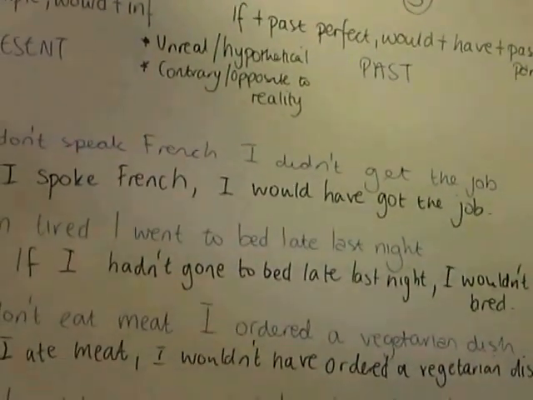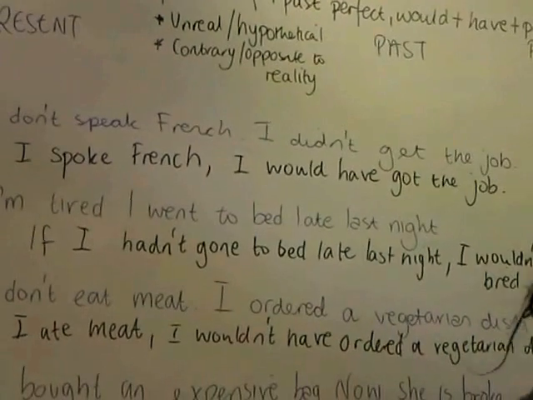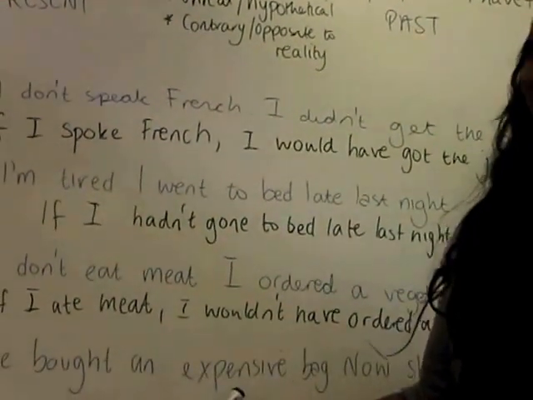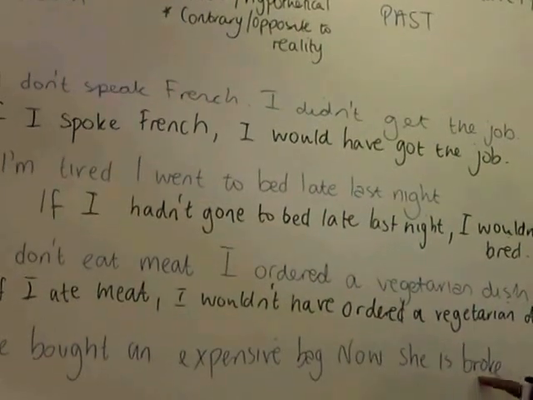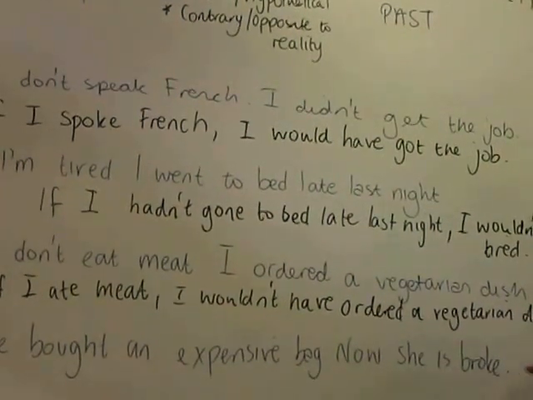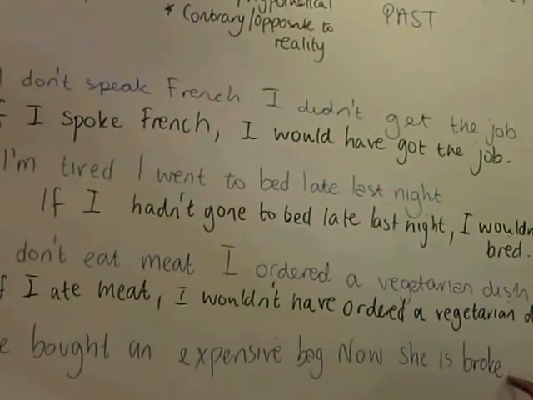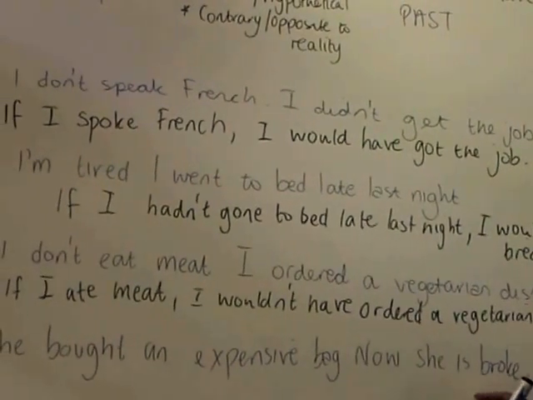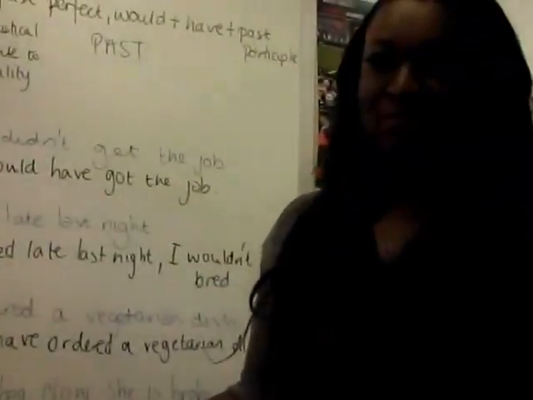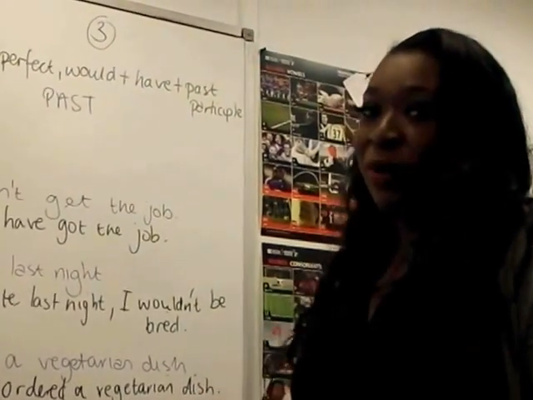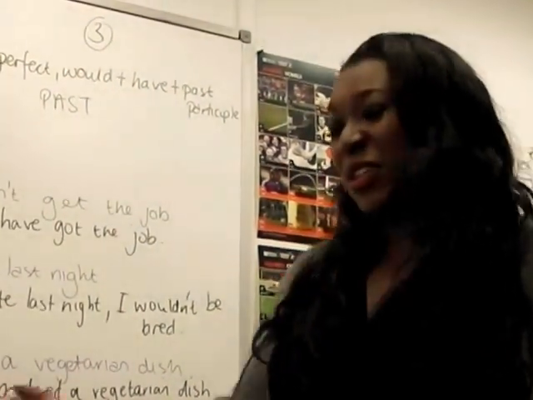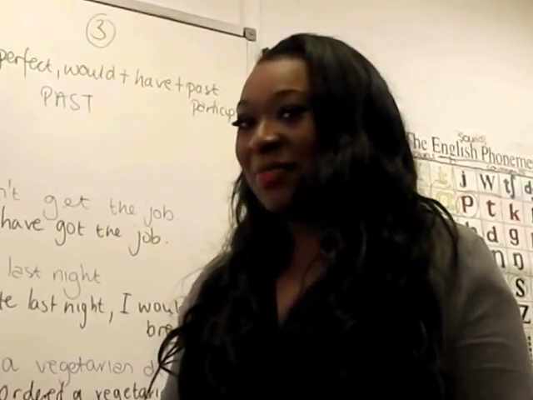And the last one. She bought an expensive bag. Now she is broke. Broke is an adjective, not a verb in this sentence, and it means someone who has no more money. So, why is she broke? Because she bought an expensive bag.